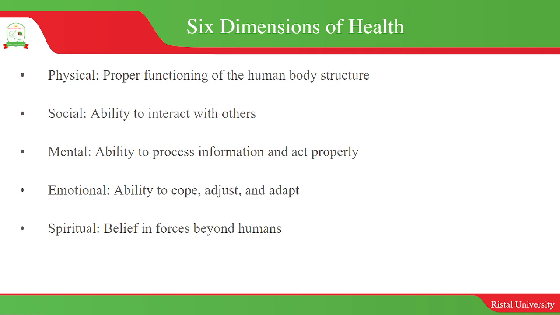So this is where, if you go to the hospital, you say, my stomach is aching. Okay, so something is not working right with your body. And then social health is about your ability to interact with others. Socialization is very very important. You should have positive relations with others. So that is social health.